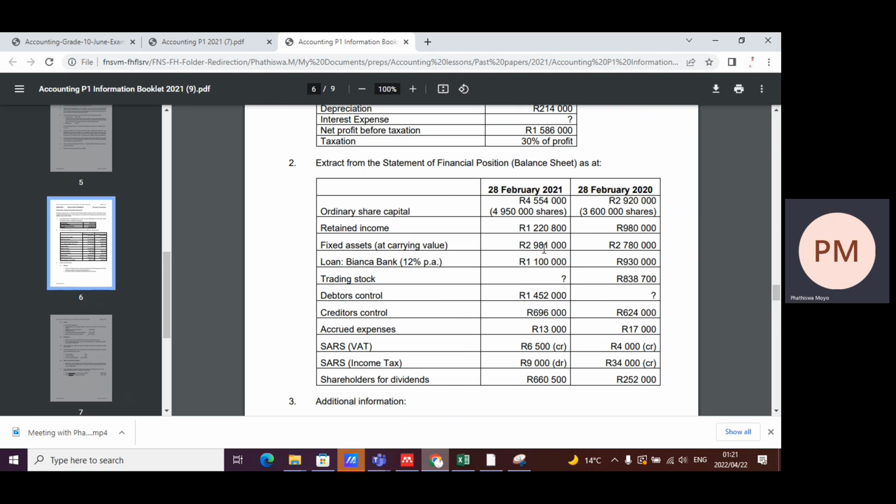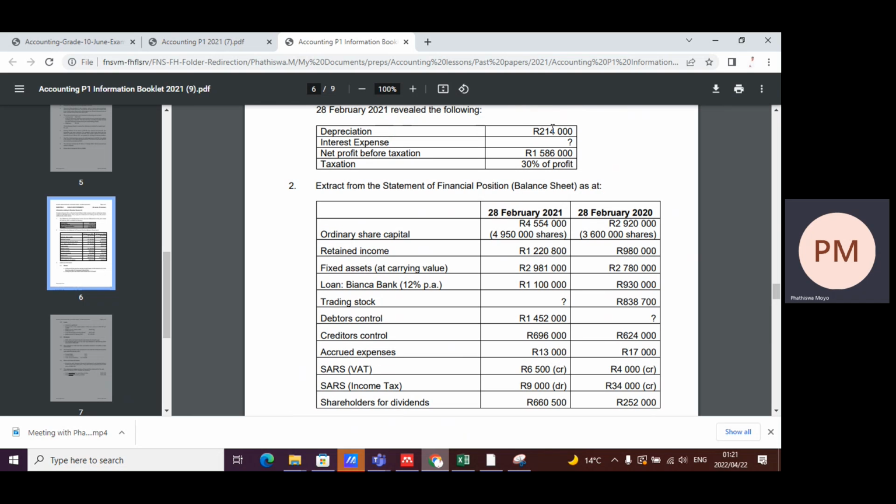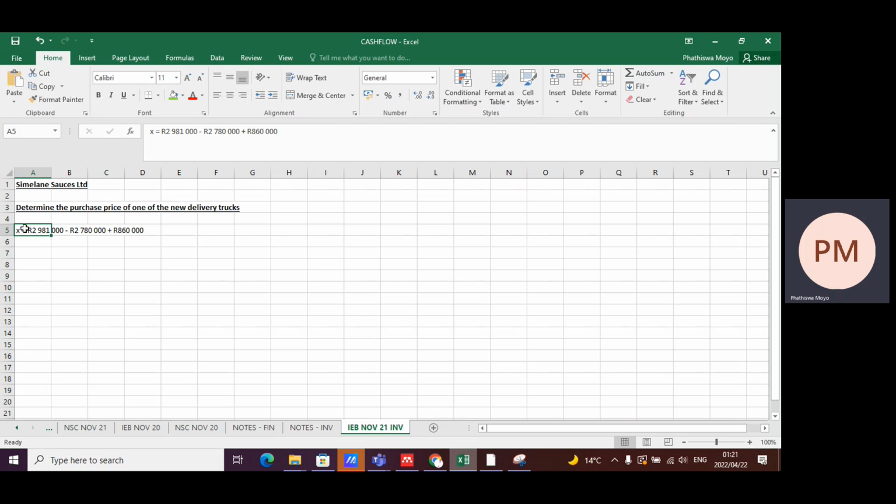And this figure here would have been after the depreciation. So we add it back. Sorry about that. We're not subtracting it, we're adding it back.